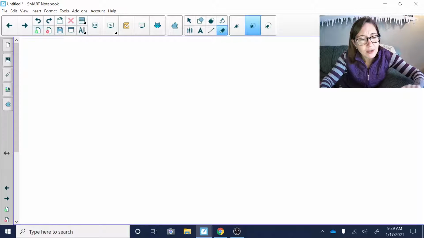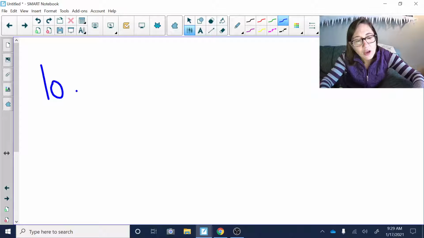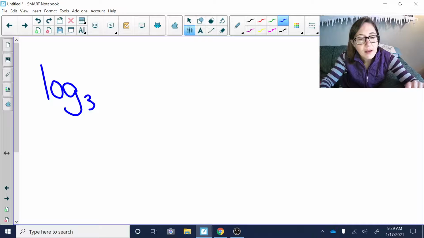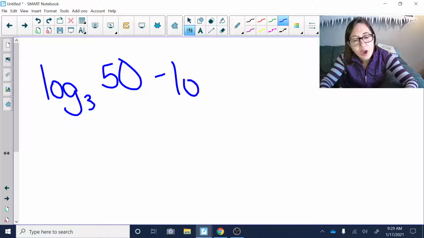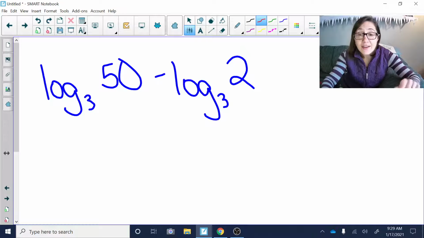Let's just get a new page here. So let's say I had log base 3 of 50 minus log base 3 of 2. So here's how you look at this.